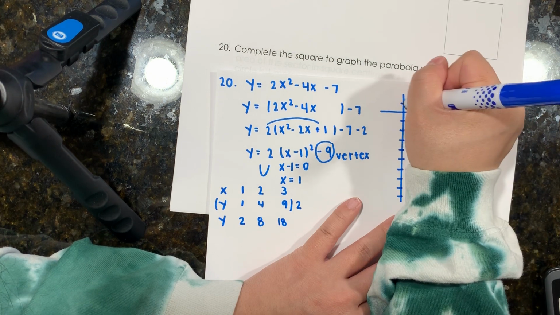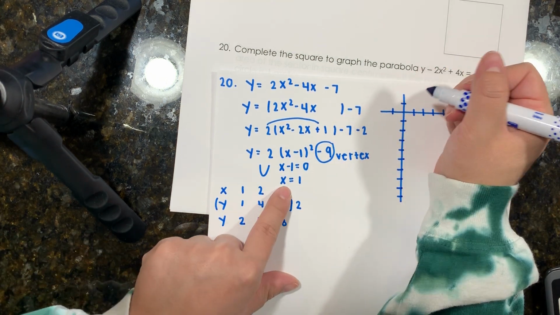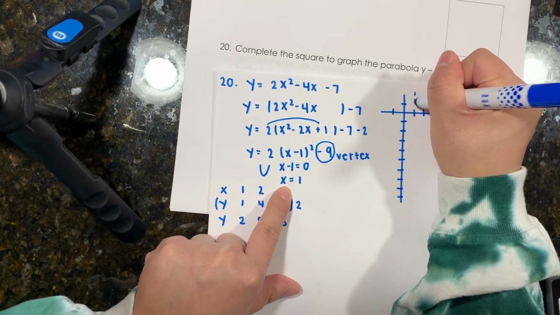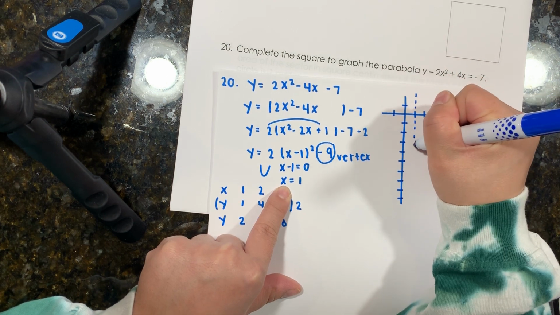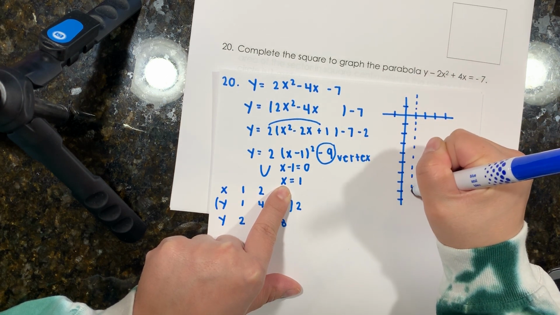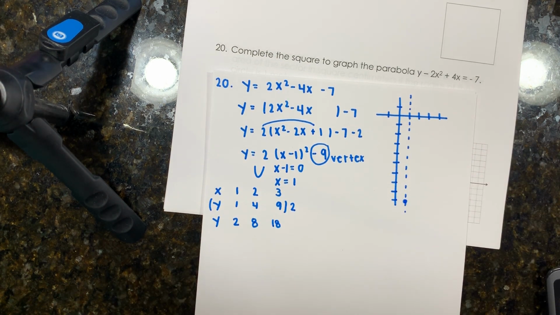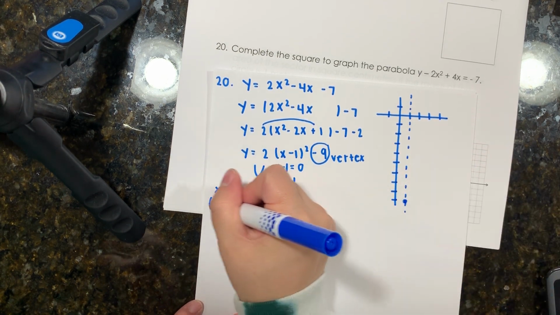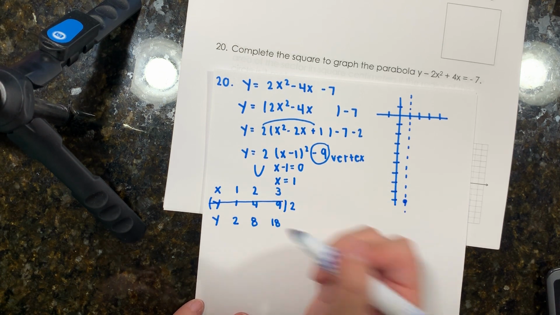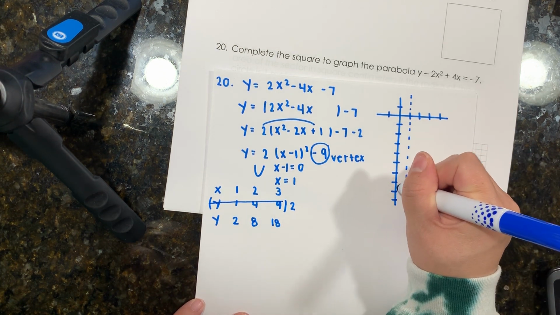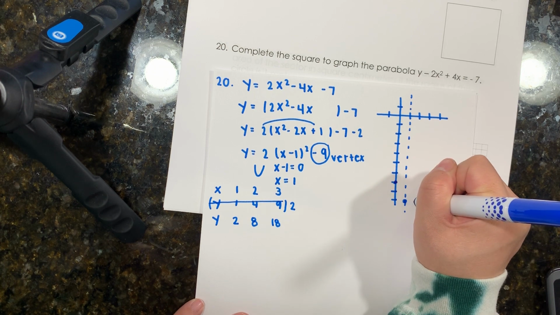So my axis of symmetry is at 1. So at positive 1, I'm going to draw a dotted line. And then at negative 9, I'm going to put my point. So now from there, you're going to go over 1 up 2, over 1 up 2, and that would be in either direction.